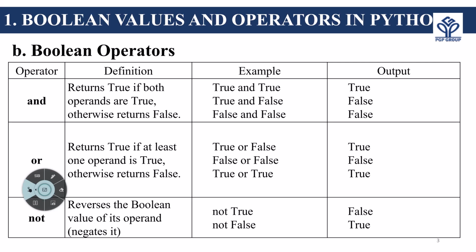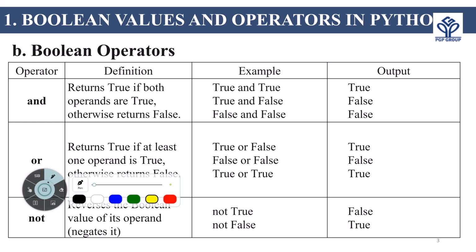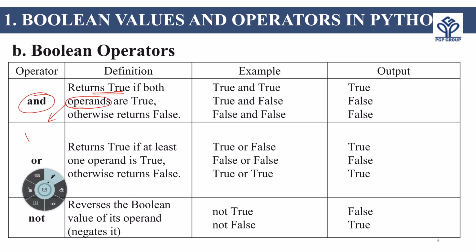Clear? Next, what are the operators we are using in Python? The first operator is AND. The AND operator returns true if both operands are true. Operands refer to true, false. Otherwise it returns false.